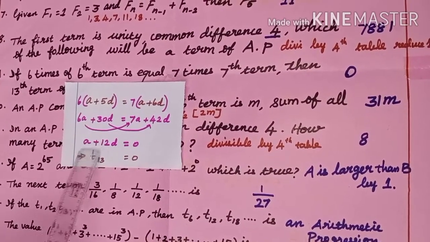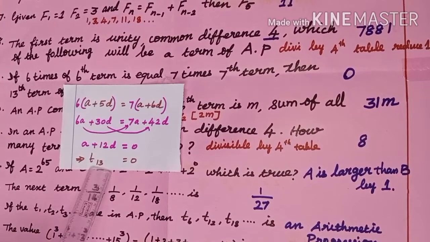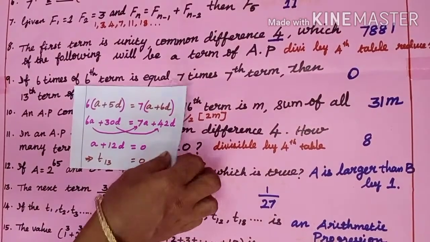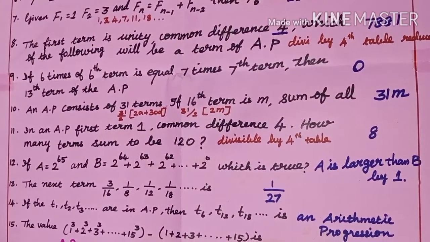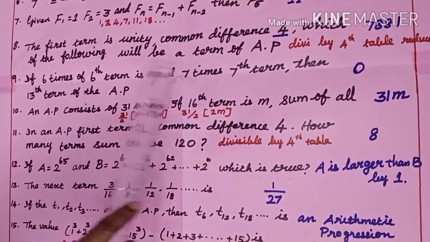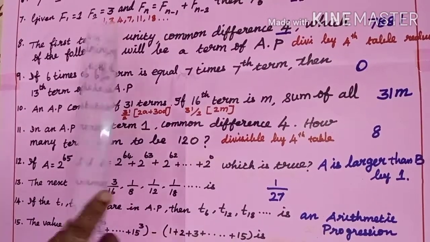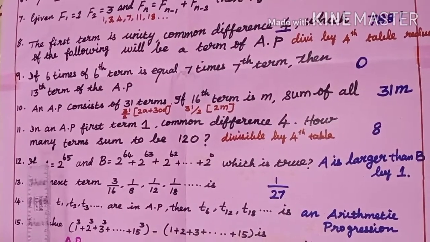So a plus 12d is the 13th term. So the 13th term is 0. This kind of question asks two more questions also, so you add the 2: 6 plus 7 is 13. The 13th term should be 0.